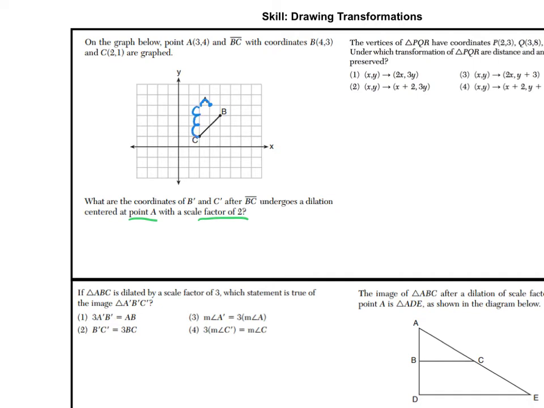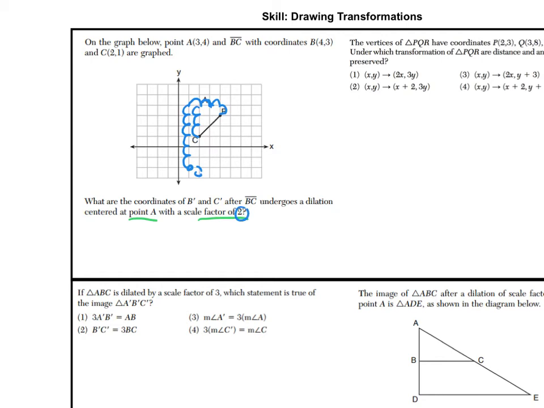To now dilate it, I just have to go twice as far in each direction. So I start back at A, and now instead of going 1 to the left and 3 down, I'm going to go 2 to the left, and then 6 down. 2, 3, 4, 5, 6. And that's where C prime goes. It's twice as far. Now we could do the same thing for B. I go 1 to the right and 1 down.